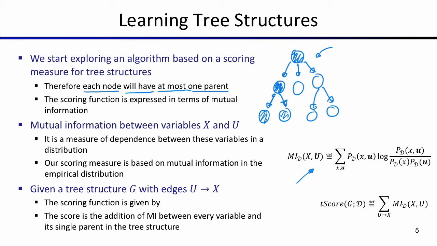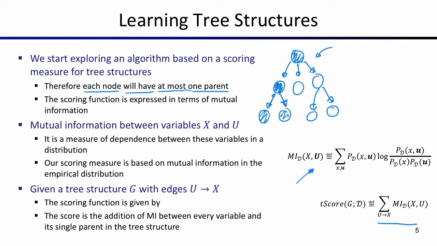But now what we can do is use that score to measure the quality of the structure directly. In this case, we sum over the families of the variables that we have. We compute the mutual information between the node and the parent. Because we have this tree structure, each node has just one parent.